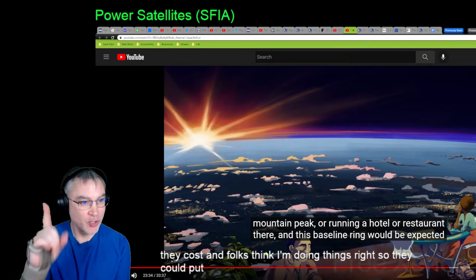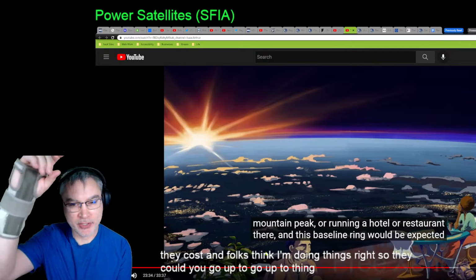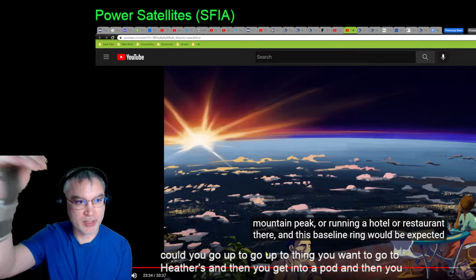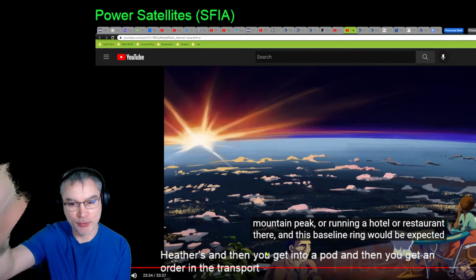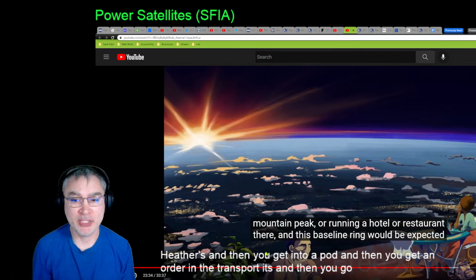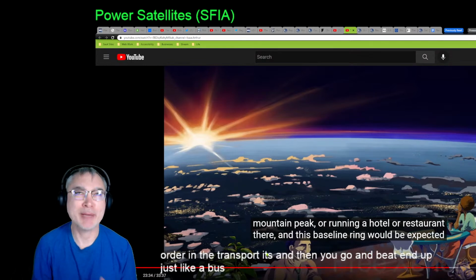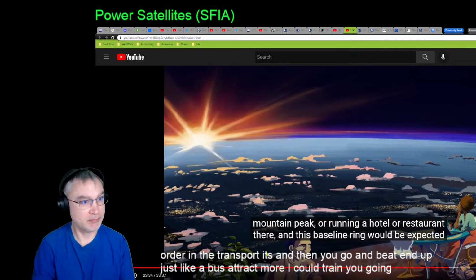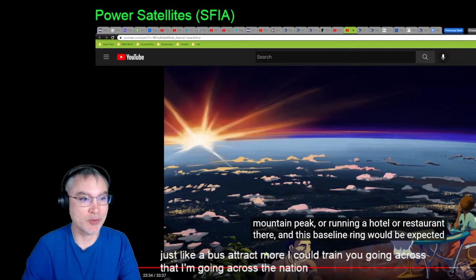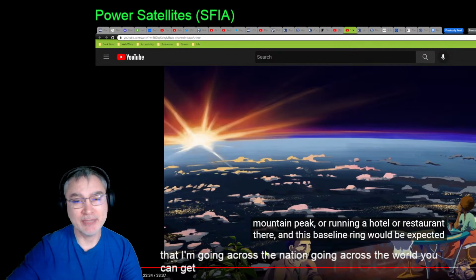So you go up to one of the tethers, and then you get into one of the transport pods, and then you go. It'd end up being just like a bus, well, more like a train going across. Instead of going across the nation, you're going across the world, and you can get off at any given stop and then come down.